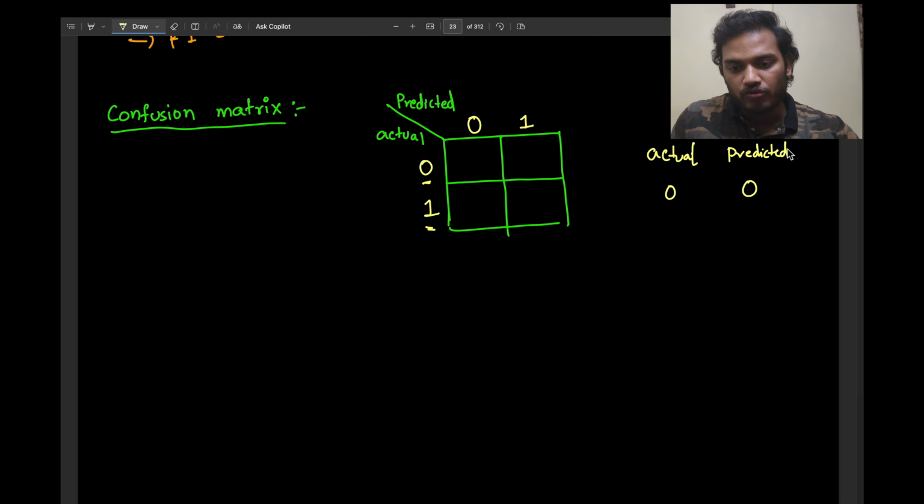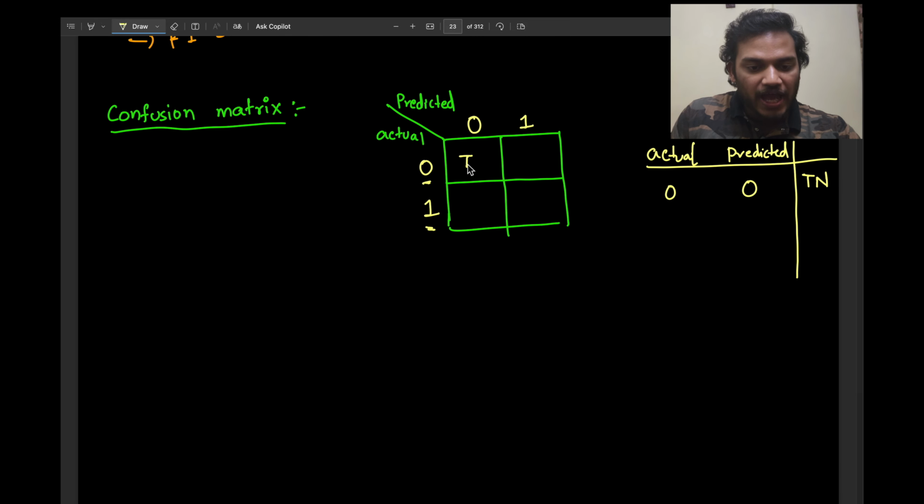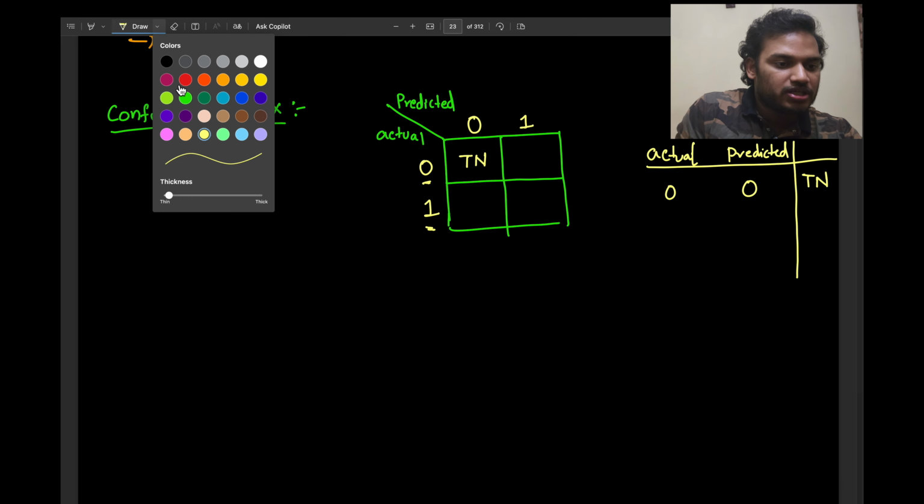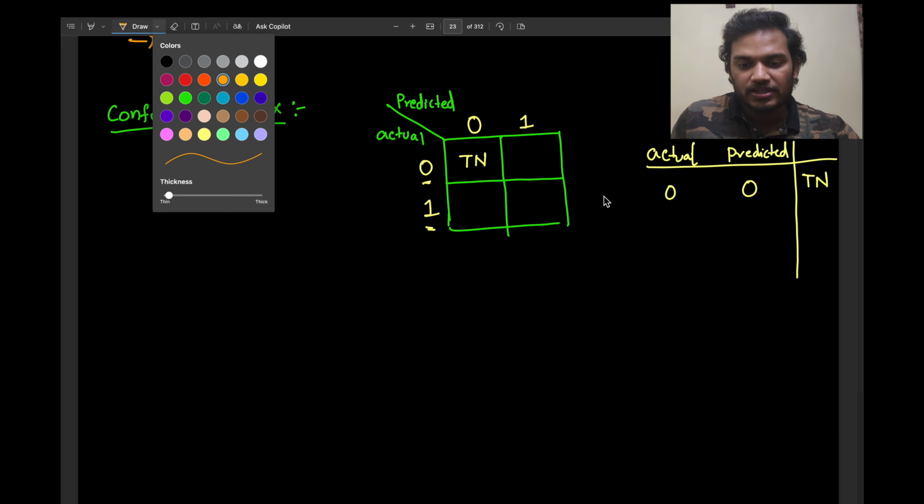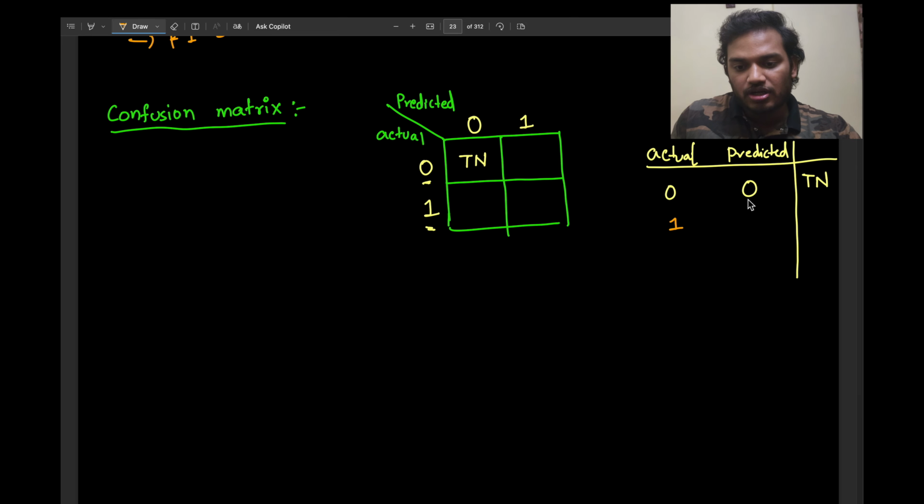In such a case, we call it a true negative. Whenever the actual output is 0 and the predicted output is 0, we call it a true negative. Similarly, if the actual output is 1 and the predicted output is also 1, we call those points true positives.